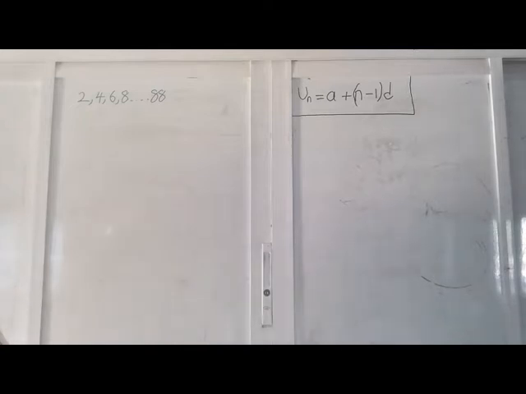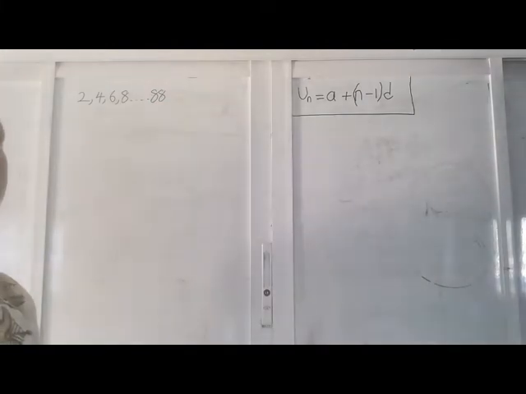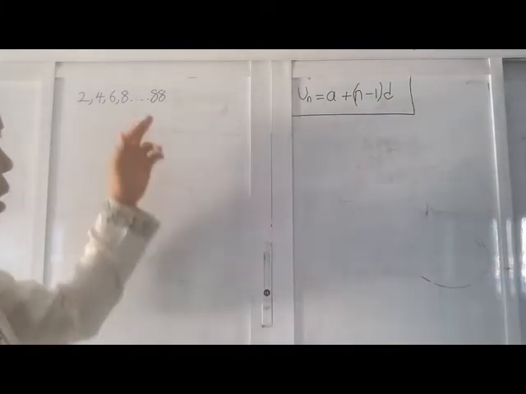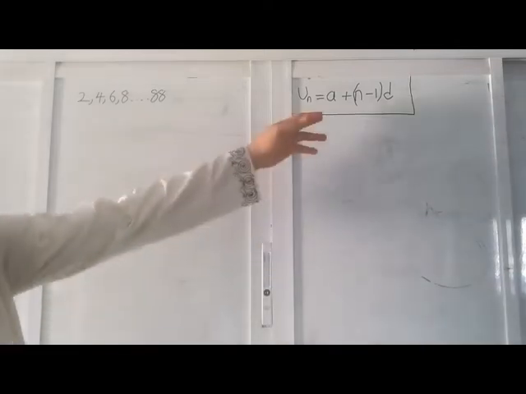So we now know that a certain term is 88, but we don't know which term it is, but it is the last term in this progression. So if we want to calculate how many terms are in this progression, we can simply use this formula.